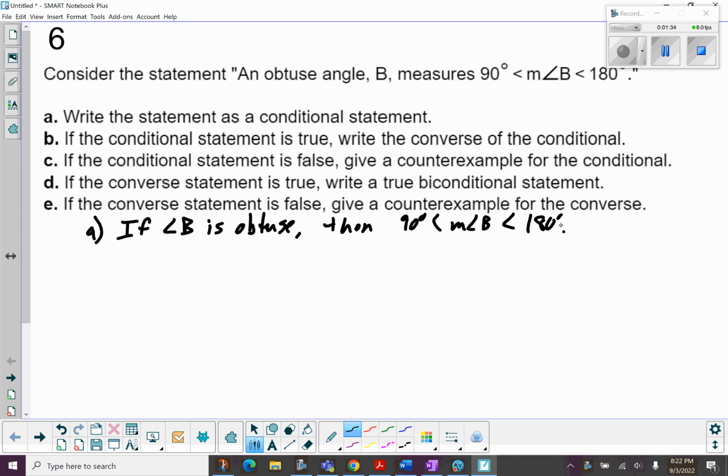So again, the original statement there did not have the words if or then. We need to put those in. Try and keep the order the same as you were given.